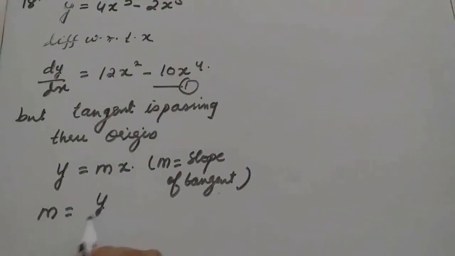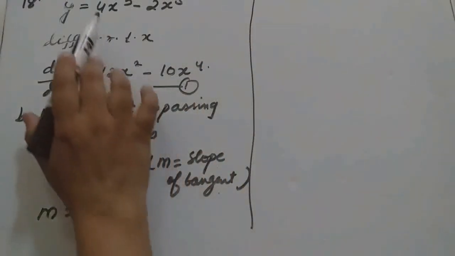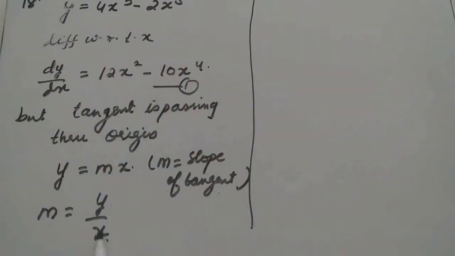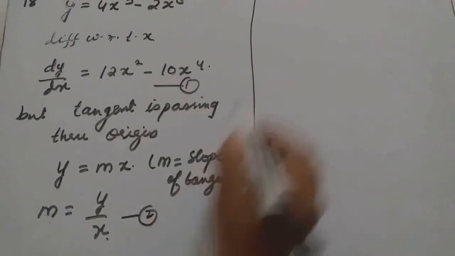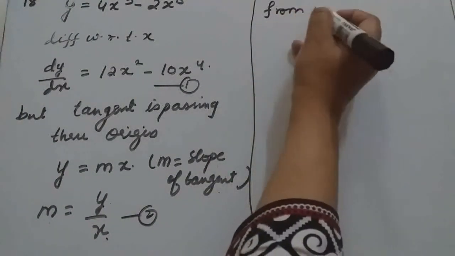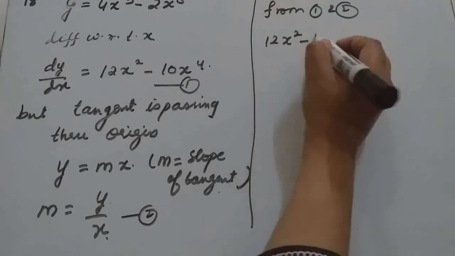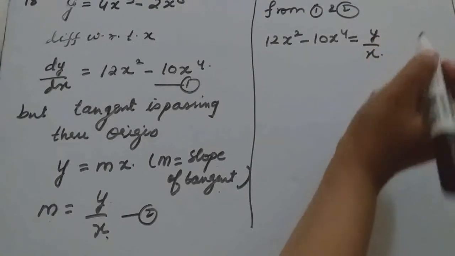y by x. So the slope of the tangent we have is y by x, and the slope of the tangent, by differentiating this curve, we got this expression. So both must be equal. So we will write here, from 1 and 2, 12x square minus 10x power 4 equal to y by x.